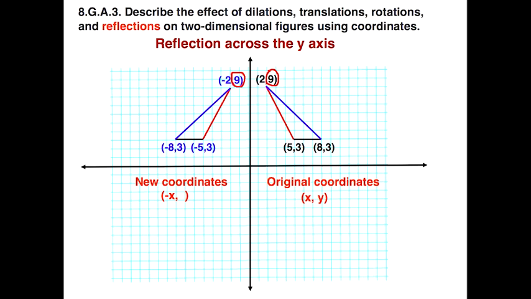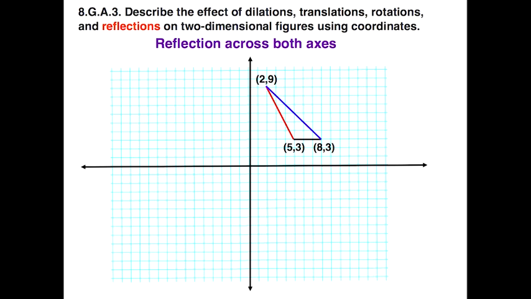For the y coordinates, let's see, still both 9s. The 3 remained a 3, and that 3 remained a 3. So here's our generalization. If we start off with original coordinates x and y, if we reflect across the y-axis, the x coordinate will be the opposite sign, and the y coordinate will stay exactly the same.